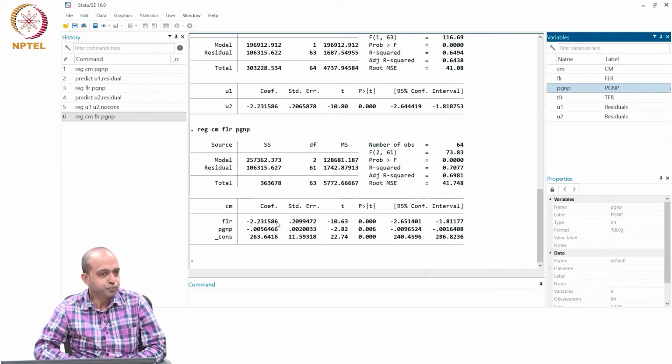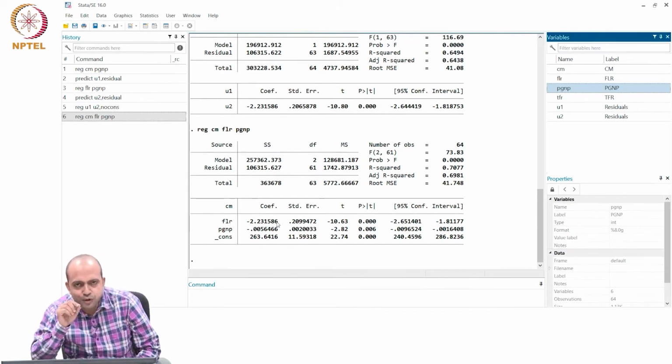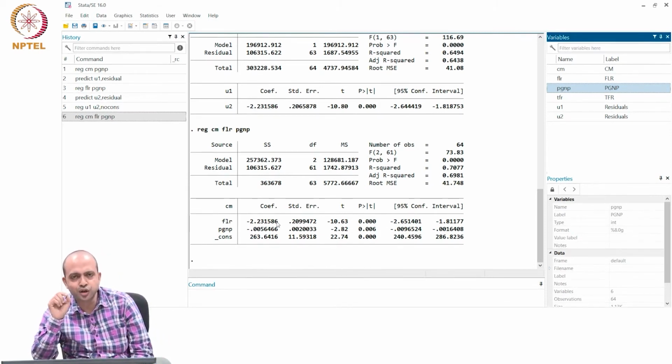That means what we have derived theoretically and what we have estimated empirically are matching. In a multiple linear regression model, the coefficient we get is basically the net impact.